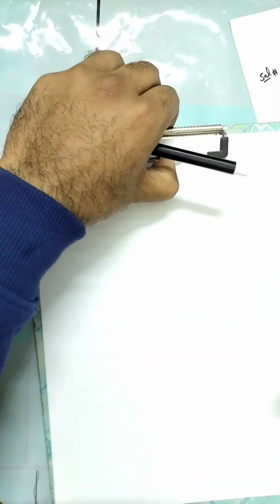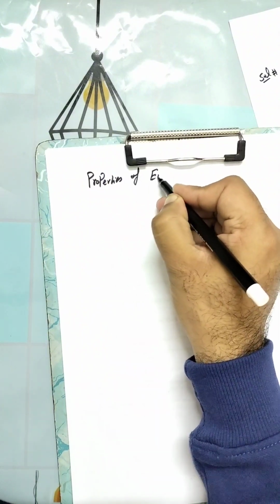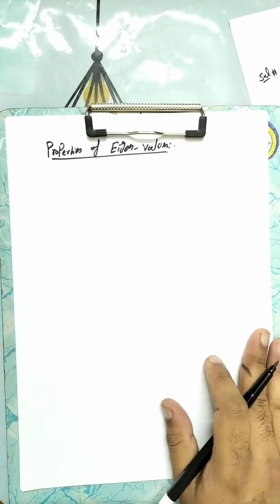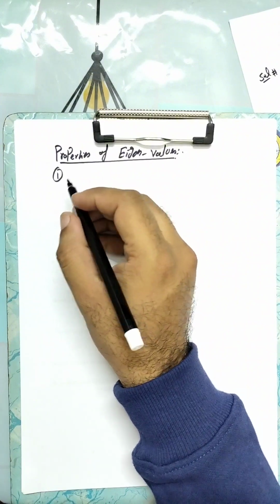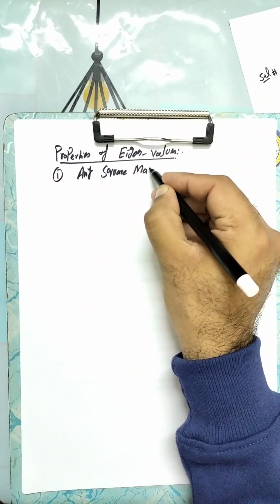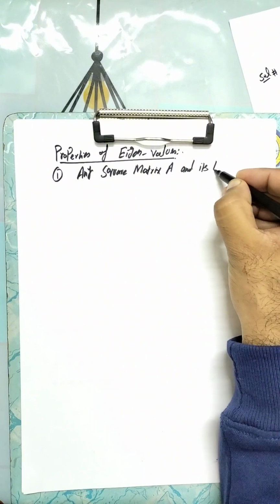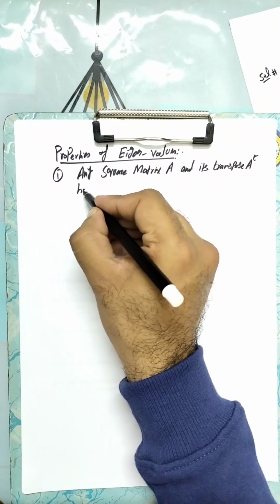The first property is: any square matrix A and its transpose have the same eigenvalues. This is very important.